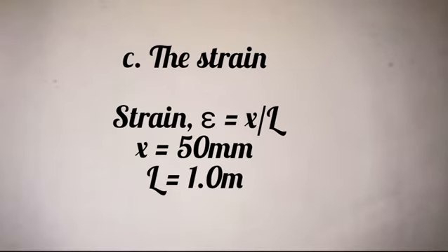Number C, the strain. Strain is calculated as extension over length, extension x, length L, therefore strain is x over L. And according to the question, extension was 50 millimeters.